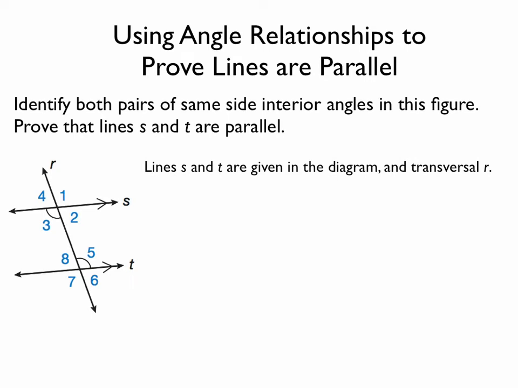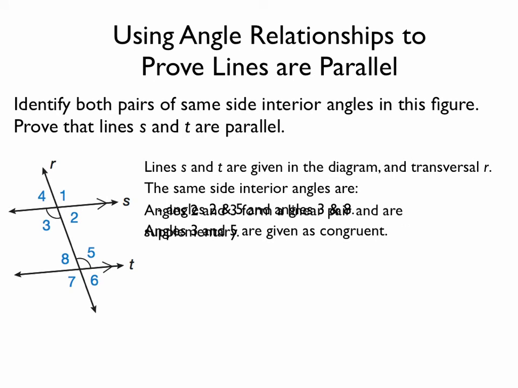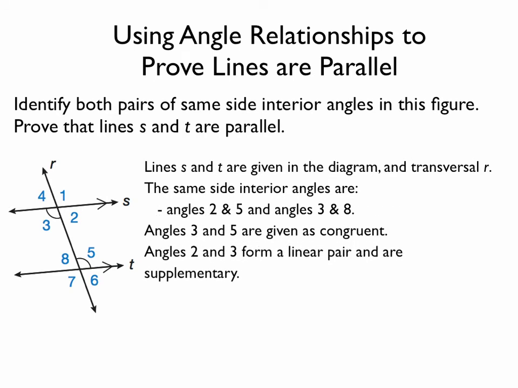All right, so we are given the following information. We know that the same side interior angles are 2 and 5 and 3 and 8. Double check in the diagram that you agree. We know that angle 3 is congruent to angle 5. But we also know that angle 3 and angle 2 are supplementary.